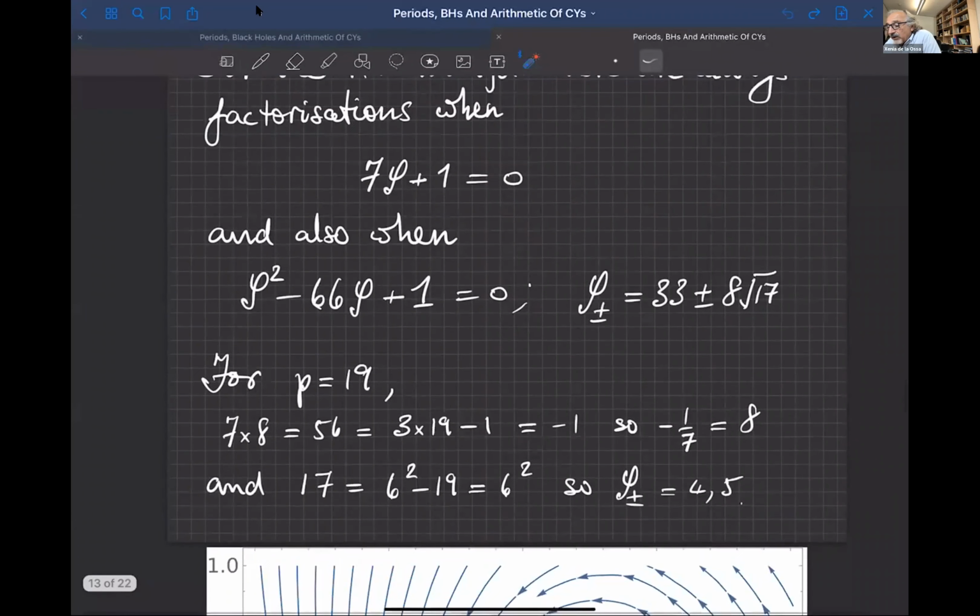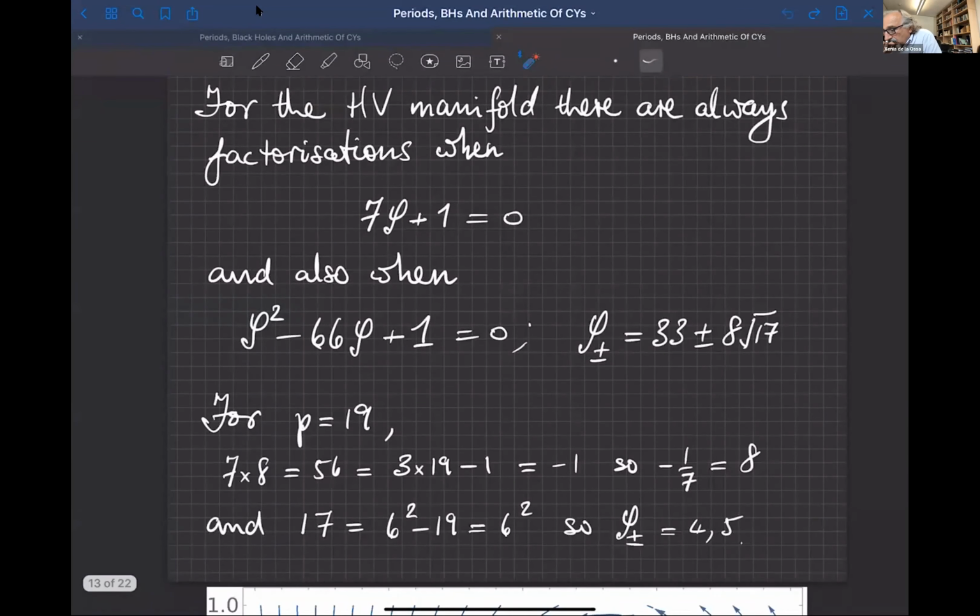And for p equals 19, just to be clear for people who perhaps haven't thought about F_p very much, about the numbers modulo a prime: 7 times 8 is 56, and 56 is 57 minus 1, and 57 is 3 times 19. So 7 times 8 is in fact minus 1 modulo 19. And so we would say that minus a 7th is 8 in F_19, because that's precisely what you mean by minus a 7th.